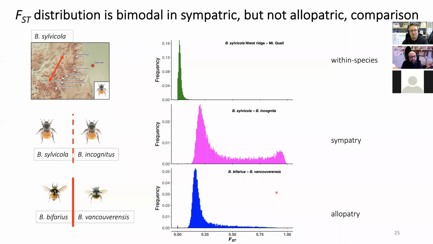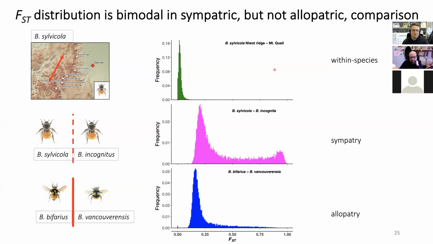But even though these islands occur in similar positions in the different comparisons, we can see that there are some differences in the distribution of divergence. One of those things is that if you look at the distribution of FST in windows across the genome, you can see that in this sympatric comparison, it's a bimodal distribution in contrast to the other comparisons.